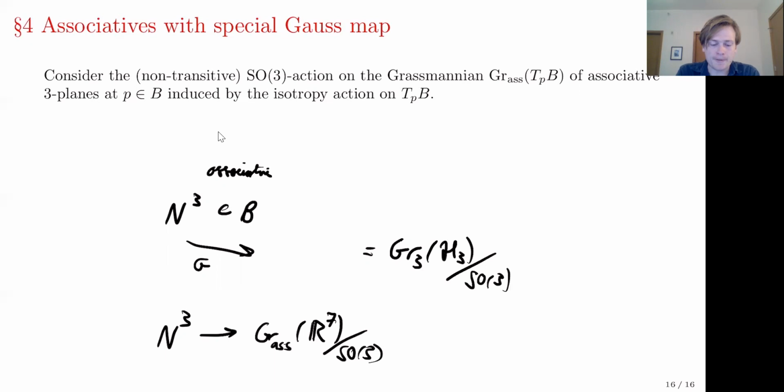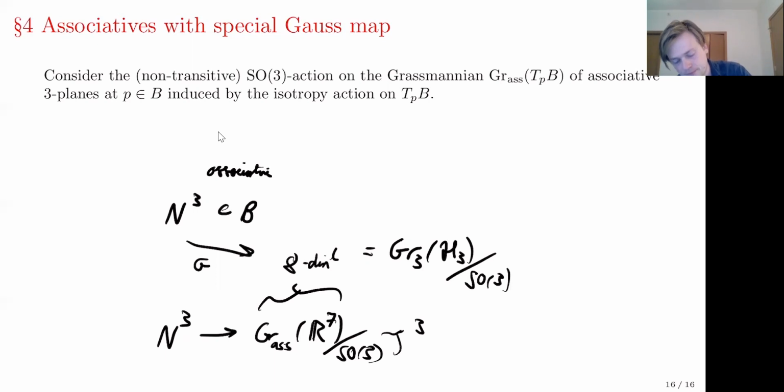Now, unfortunately, this SO3 action on the Grassmannian is non-transitive. It's quite complicated, which makes sense. The associative Grassmannian itself is 8-dimensional, and SO3 is 3-dimensional. So somehow you expect the image to have 5 dimensions, and it turns out to be quite a complicated space.